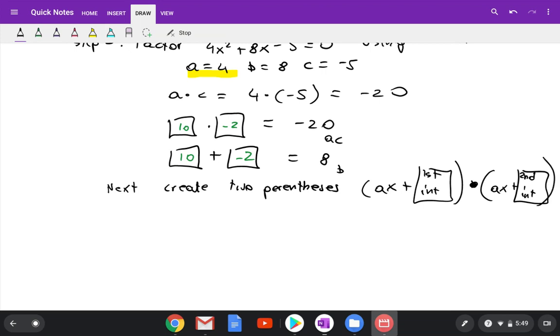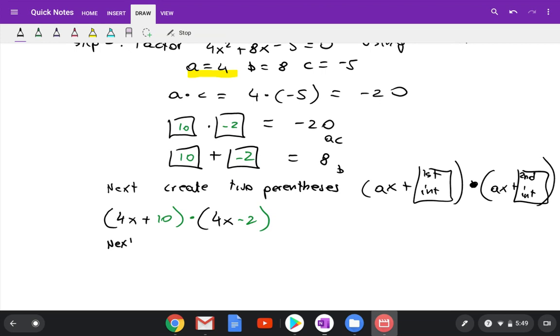In our case, a is equal to 4, so we're going to have 4x plus the first integer which we found was 10, times 4x plus the second integer which we found was negative 2. Don't forget that these are not your correct factors yet.